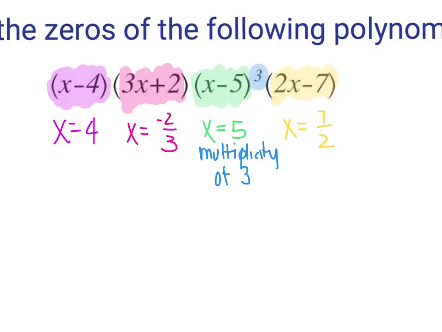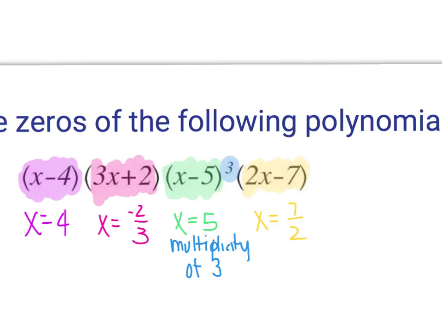That doesn't affect how we determine the zeros, but it tells us that we have a multiplicity of something, and we just have to make sure we list that factor that many times, okay? So if it's x minus 5 to the third, that really means I have x minus 5 times x minus 5 times x minus 5, and I would end up getting 5 a total of 3 times. That's where that multiplicity of 3 comes from.